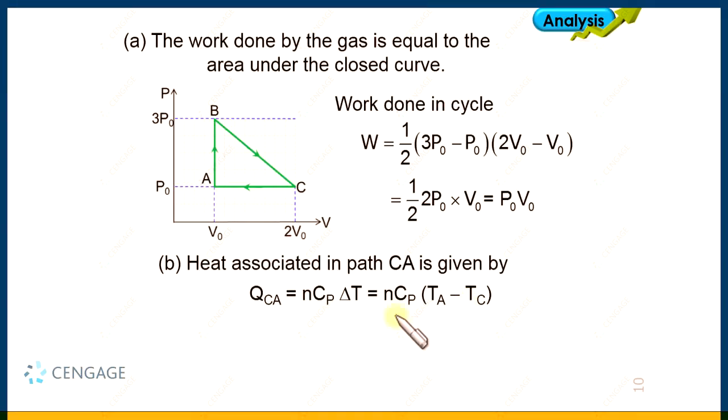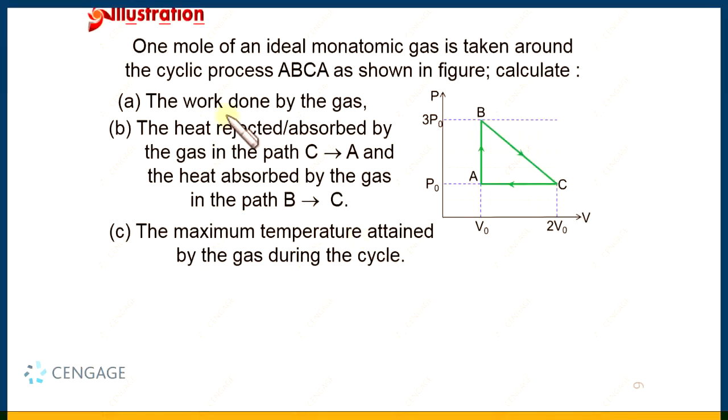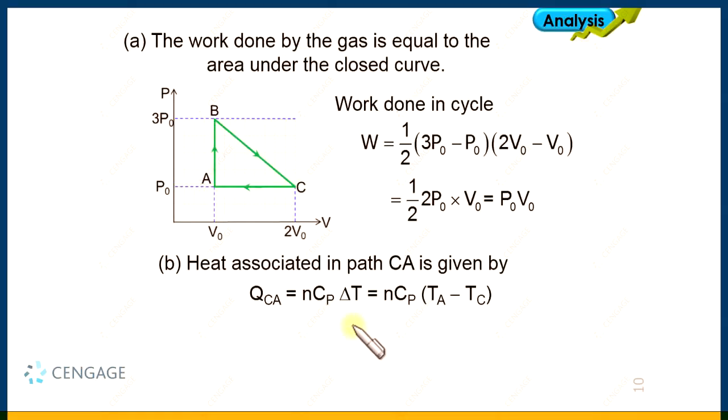So, we can calculate now. n here is equal to 1, because we are given 1 mole of an ideal monoatomic gas, and it is a monoatomic gas, that means Cp equal to 5 by 2 R. The temperature at position A is P naught V naught divided by R, because we have the equation PV equal to nRT, that means T equal to PV divided by nR, and n is the number of moles, that is equal to 1.